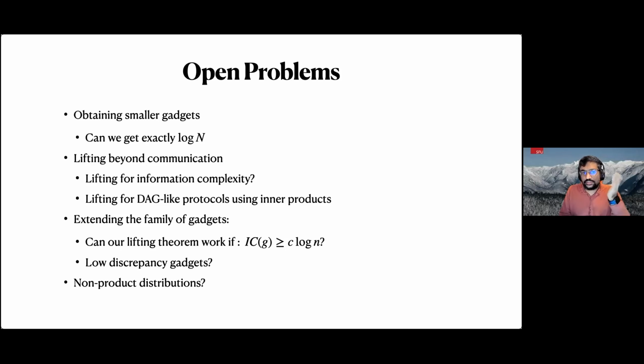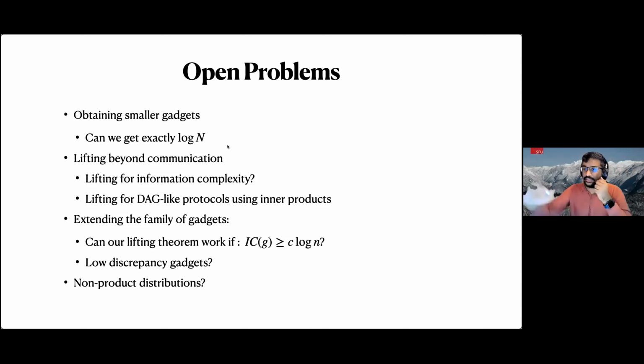In the case of the index gadget, the GPW result needed an index gadget of size n to the 256, or some large constant like that. And recently, based on improvements on the sunflower lemma, the gadget size was reduced to almost linear, n to the 1 plus epsilon.